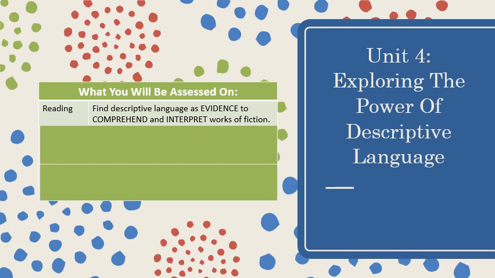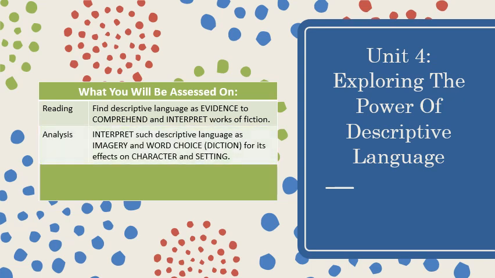So we'll be looking especially at different types of descriptive language, and then you'll have to find examples of those, and you'll have to tell me what they mean literally, but also what they might mean figuratively. So that comprehension, what's going on as this descriptive language is being used, but also like what does it actually mean, that interpretation aspect of it.